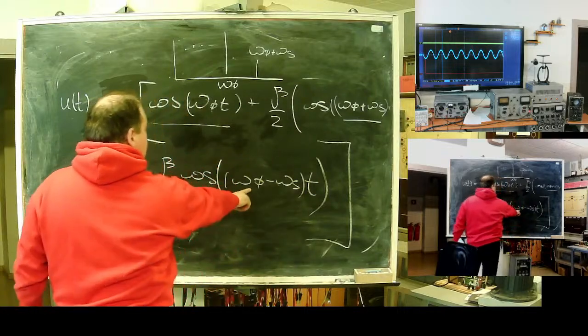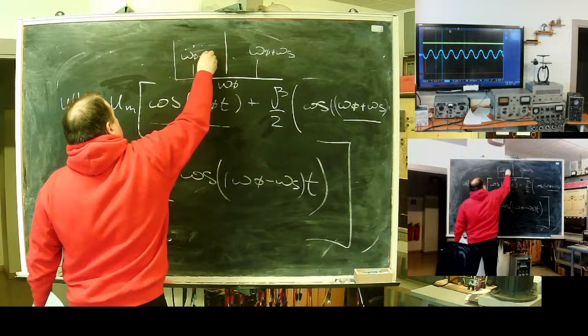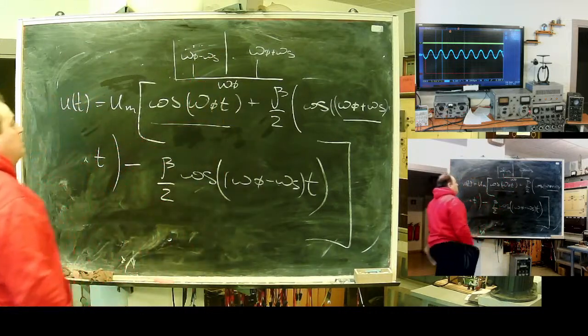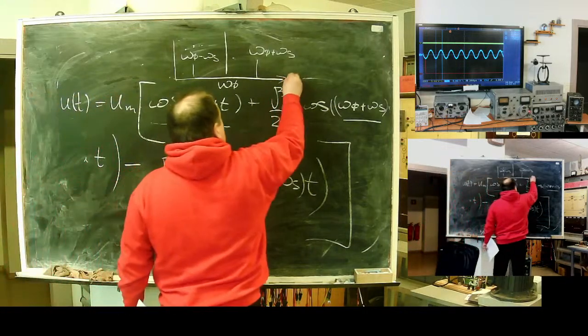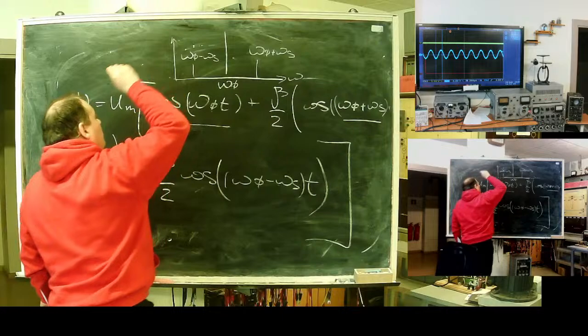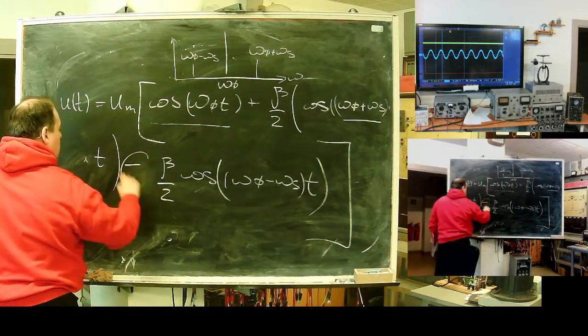And component 3, omega 0 minus omega. What do we see? Something familiar. Amplitude modulated signal. Looks very similar, but with one only exception.